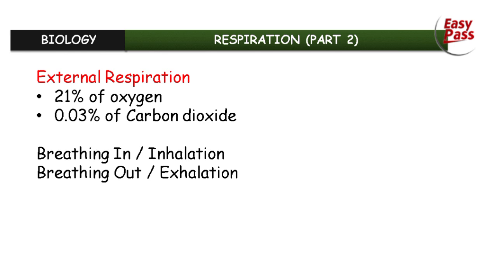Breathing in can also be referred to as inhalation, while breathing out is exhalation. They can also be called inspiration and expiration. Inspiration is inhalation, while expiration, that is to breathe out, is exhalation.